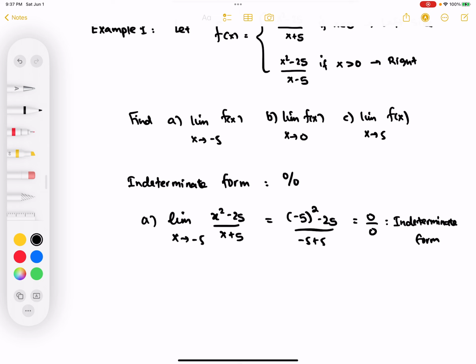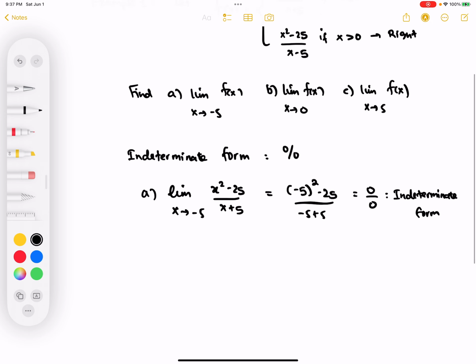In case of indeterminate form, the next step is just look at the top and the bottom and see whether it can be simplified. Yes, we can simplify, because x squared minus 25 can be written as x plus 5, x minus 5, divided by x plus 5.